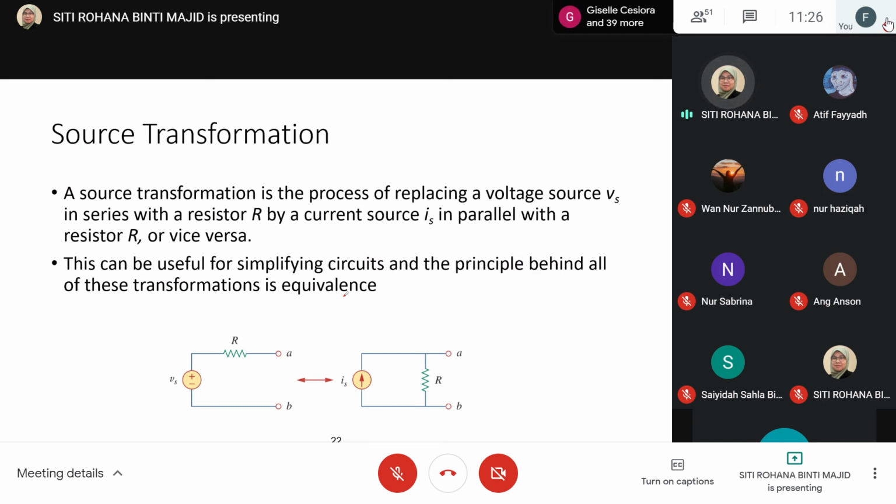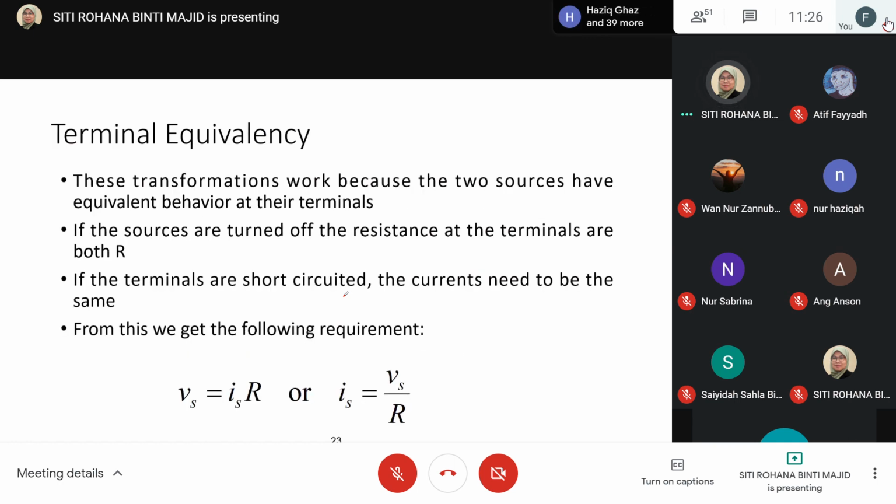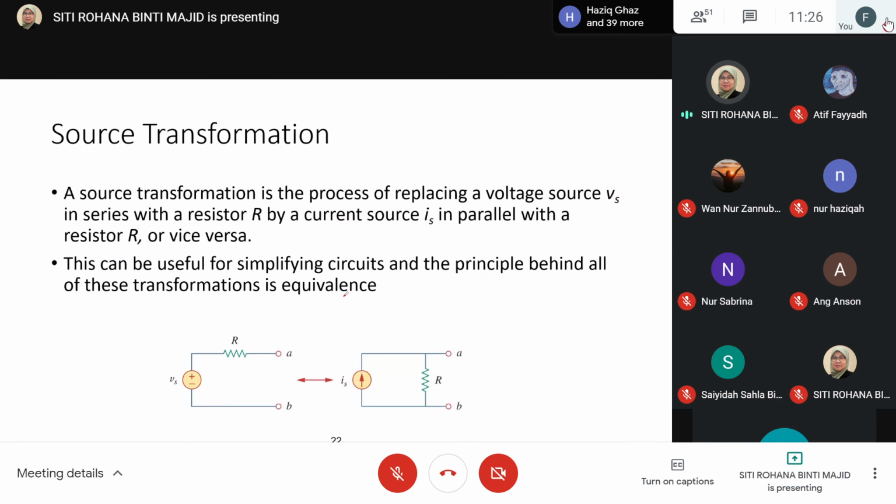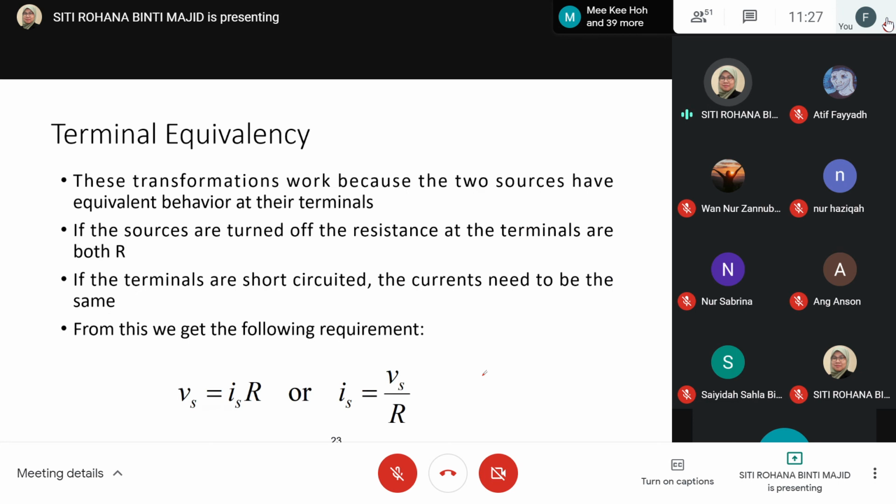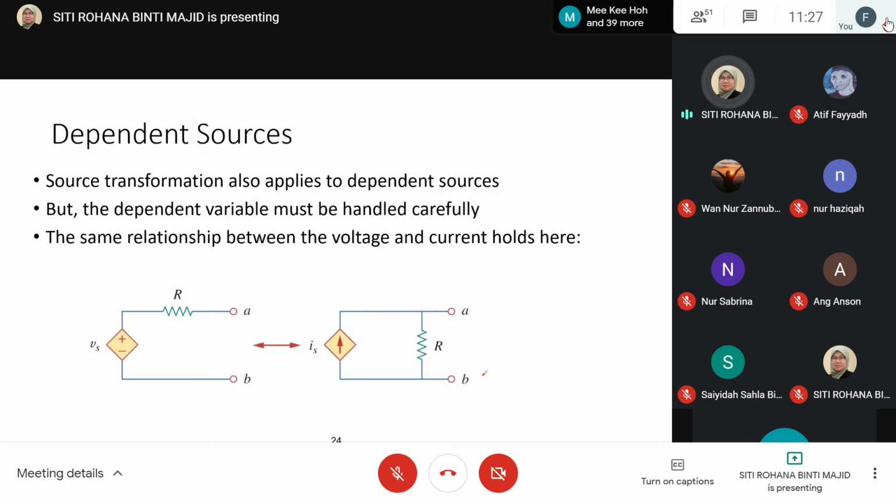I want to talk about source transformation, just to flash back what source transformation is. For source transformation, the voltage source will be in series, and the current source is only parallel. You use Ohm's law to do the source transformation, and it also depends on the type of the source, whether dependent or independent.